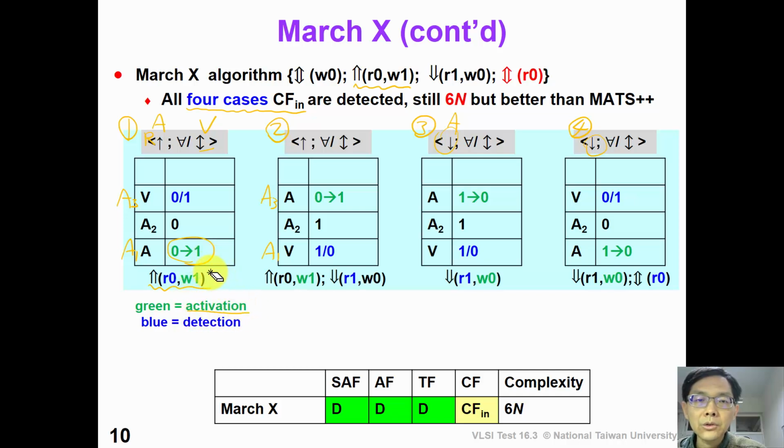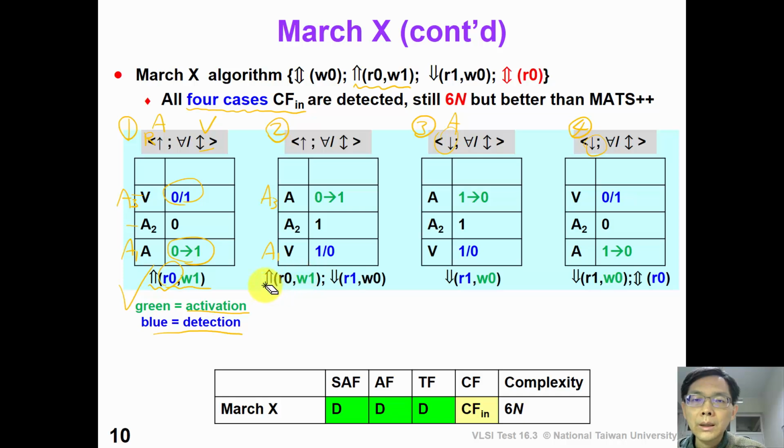The fault activation is represented in green color. And then we access A2 followed by A3. At this time, when we read a 0 from A3, we detect the fault. The detection is represented in blue color. So for case 1, the detection is successful.